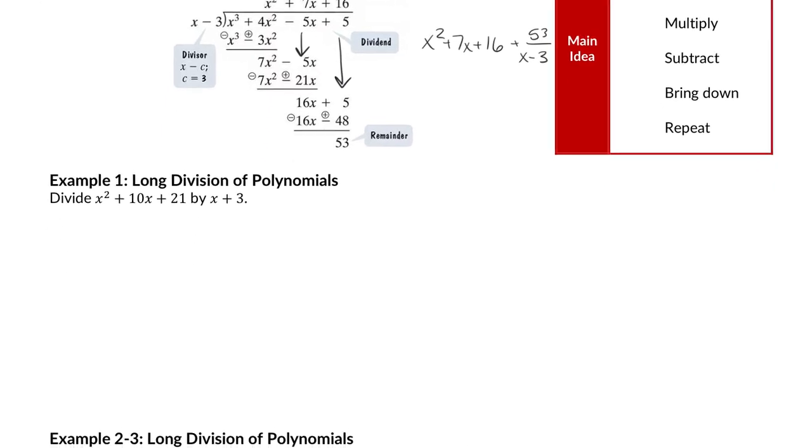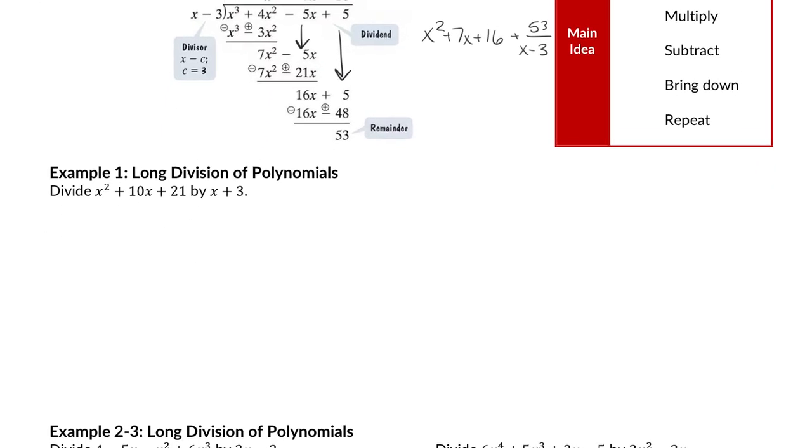Let's keep going right on in. So we're going to divide x squared plus 10x plus 21. That's our dividend, x squared plus 10x plus 21. And we're going to divide that by x plus 3. If we start this right away, again, we are going to divide the first term by the first term. x squared divided by x is regular x.